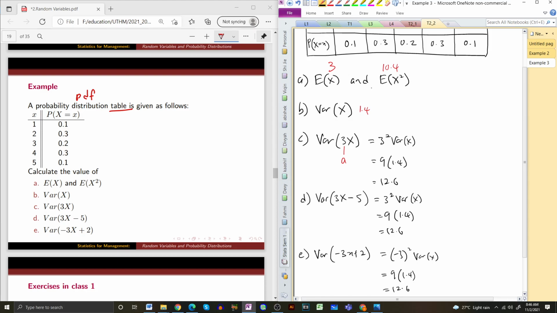Okay. Now if I want to give something extra here, let's say I put f. What if, of course it's not in the slide, what if it is E(3x minus 1)? So how is it going to be? For expected value, we have to follow exactly what they have done to the data, which is 3 times, minus 1.